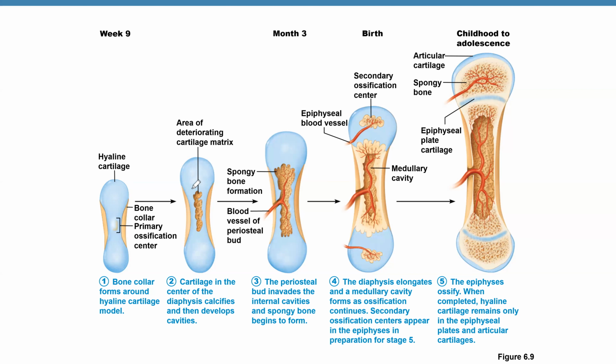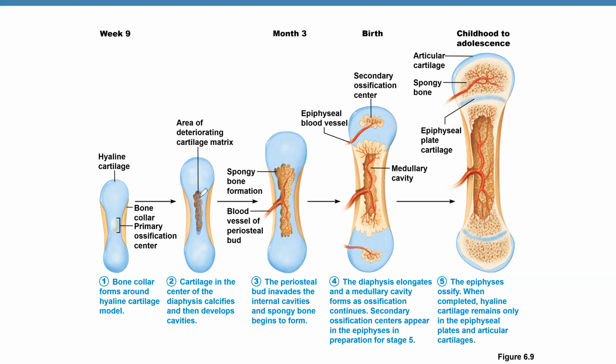Now, this cartilage inside starts growing big, so it's hypertrophy of the cartilage. And those chondrocytes that are large, they are different from regular chondrocytes. So they start depositing calcium, and this kills them completely, right? So now we have the area of deteriorating cartilage matrix.